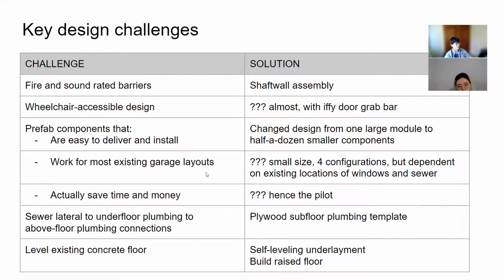To work for most existing garage layouts, still to be seen. That will depend on the larger market. We haven't done an exhaustive inventory of all the possible garage layouts. But we think just making this as small as possible helps in that regard. Having 4 different configurations with options for shower and kitchen gives a little bit more user flexibility. But the rest is going to be highly dependent on where existing windows are and where existing sewer connections need to go.